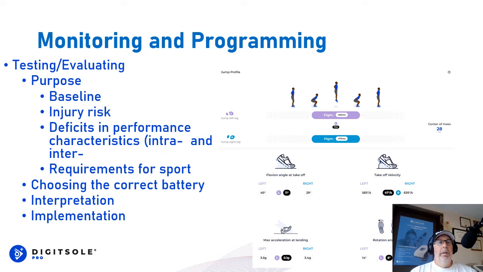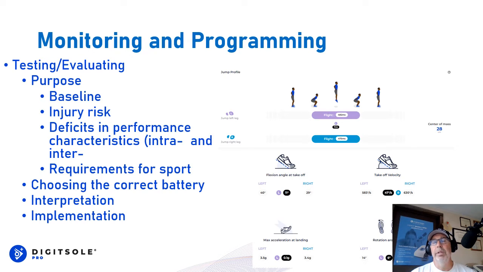So, a few things. A baseline. Great opportunity to show where we are and where we're going to be. Whether or not we implemented something that was effective, but also, let's say they get injured, so we know that we can get them back at least to where they were before, by having that baseline, and certainly measuring that throughout the time range.